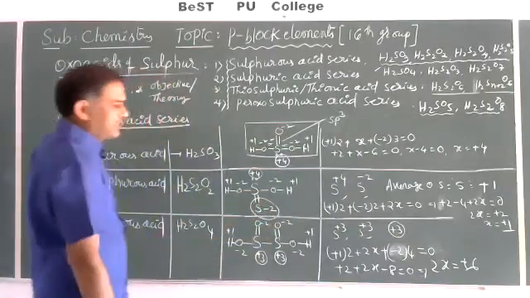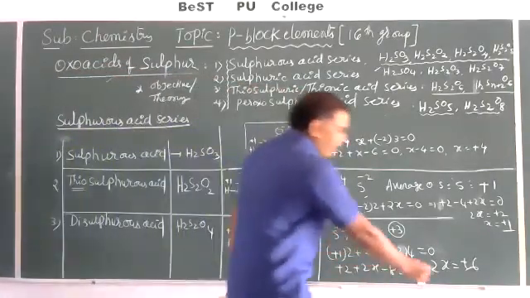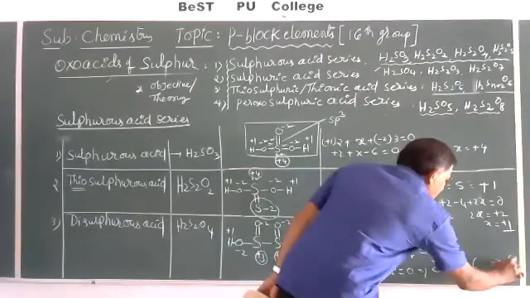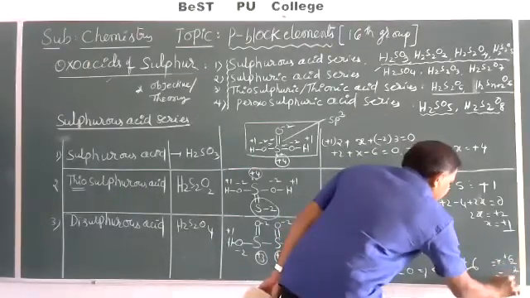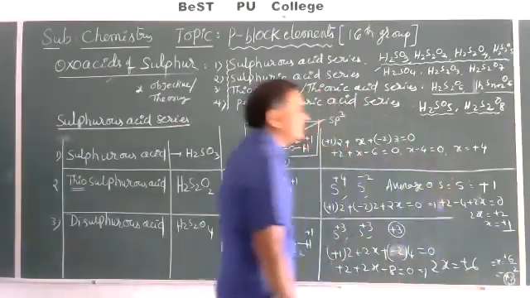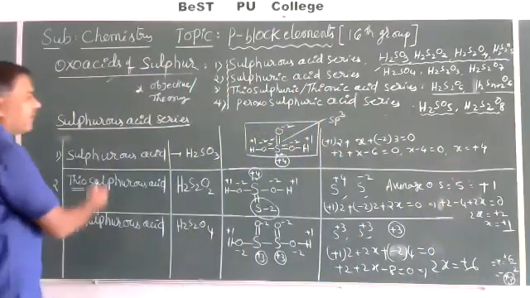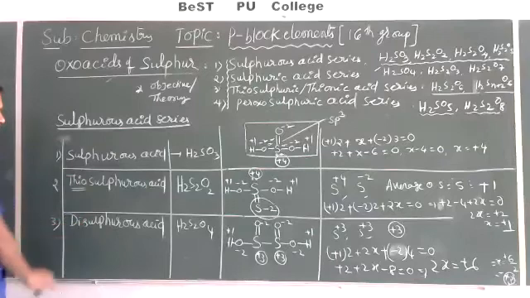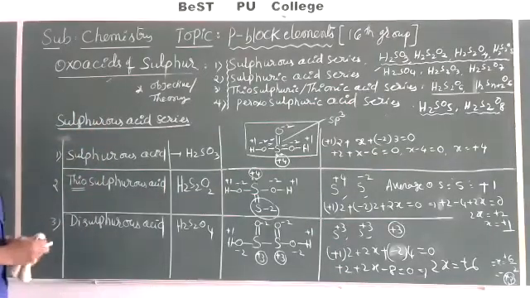Average oxidation state: x is equal to +6/2, that is +3 oxidation state. Now these are very, very important three structures: sulfurous, thiosulfurous, disulfurous. Last one is pyrosulfurous acid.